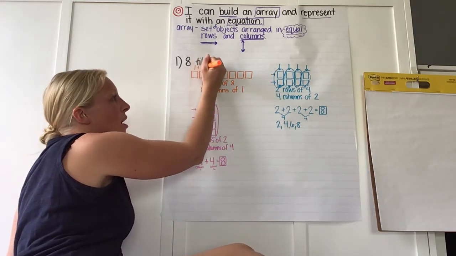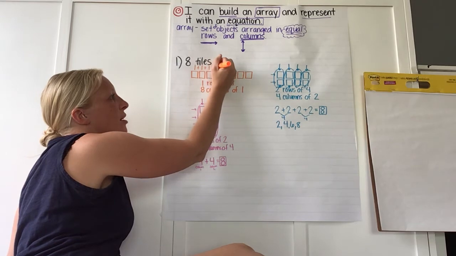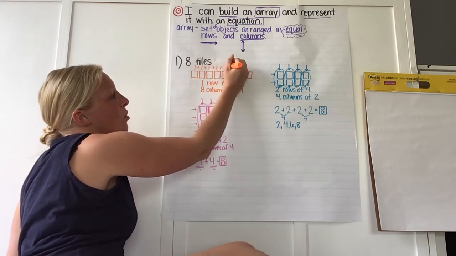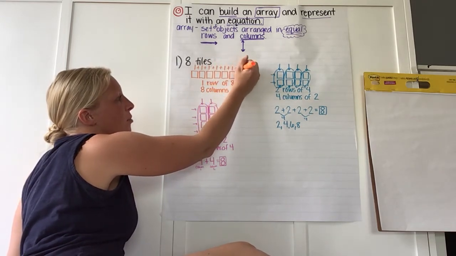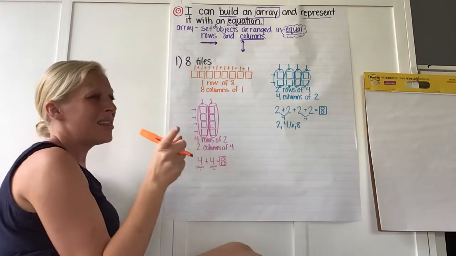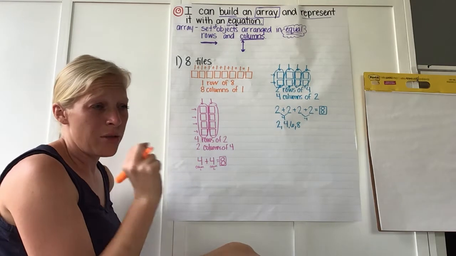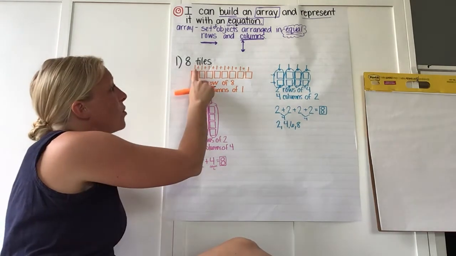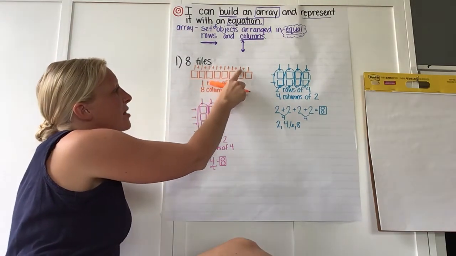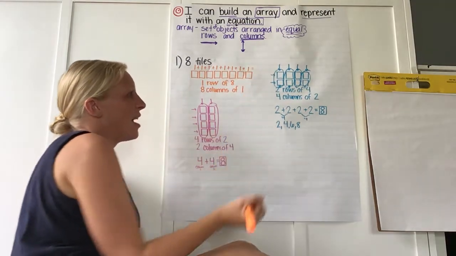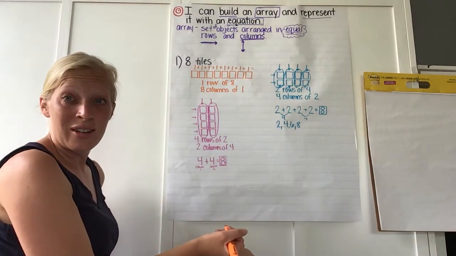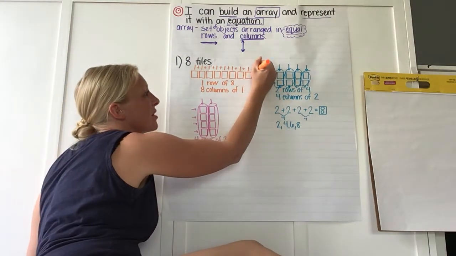So 1 plus 1 plus 1 plus 1 plus 1 plus 1 plus 1. Let me make sure I didn't lose track. Sometimes that precision is a little bit trickier the more add-ins we have. 1, 2, 3, 4, 5, 6, 7, 8. And if we have 8 ones that we're adding together, it equals 8.